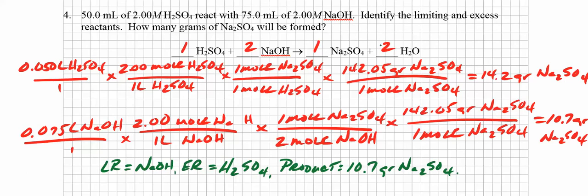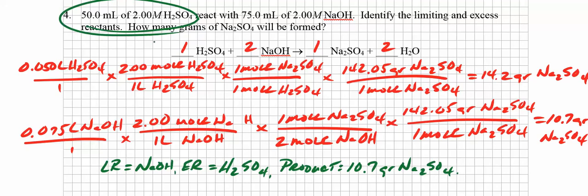Now what I'm going to do is start with the H2SO4, and in my head, I'm going to convert milliliters to liters by simply moving the decimal place over 3 places to the left. When I do that, I get 0.050 liters of H2SO4. I'll put that over 1, and I'm going to multiply that by the molarity. So volume times molarity gives me moles.